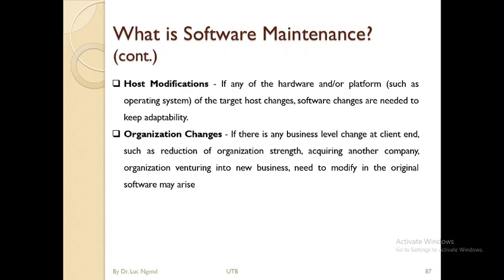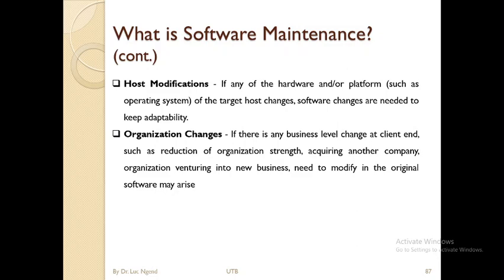Organizational changes: if there is any change in business, like if you have alliances with new business or expansion, or growth, like one company has bought another one. Like you heard about Airtel last time buying Tigo.